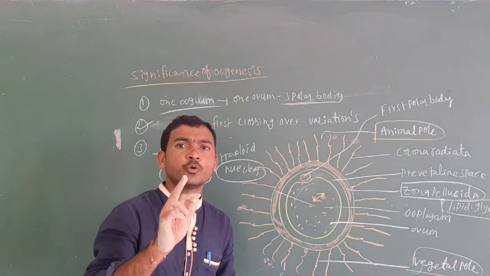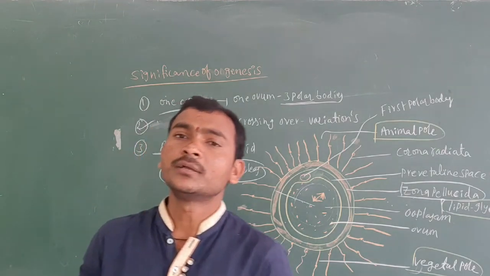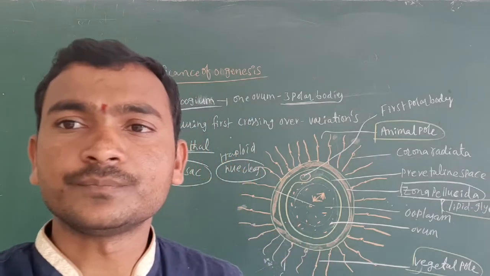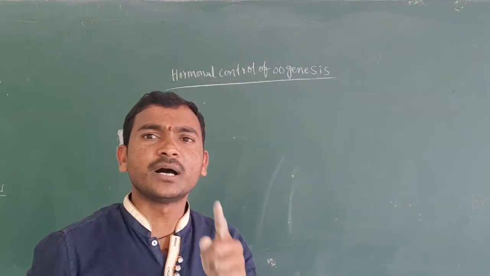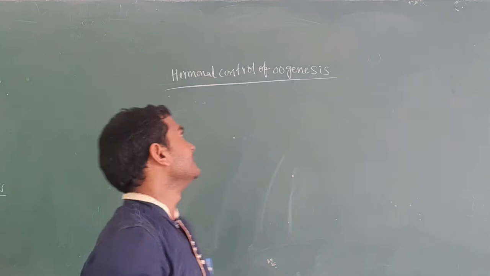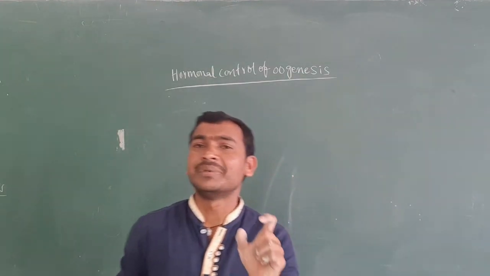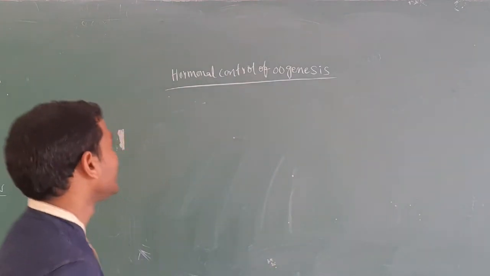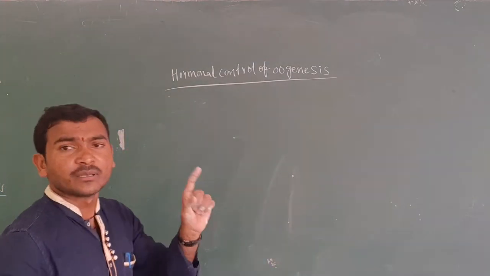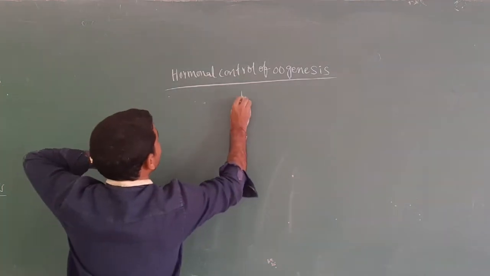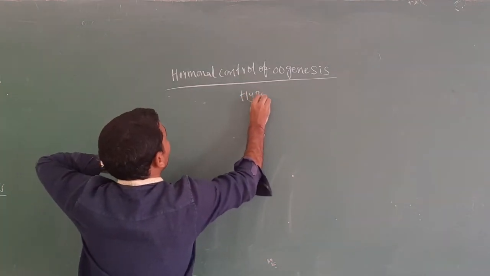Now we are going to discuss the hormonal control of the oogenesis. In the endocrine system, which gland is called the master gland? The pituitary gland. Actually, the pituitary gland is under the control of the hypothalamus in the brain.